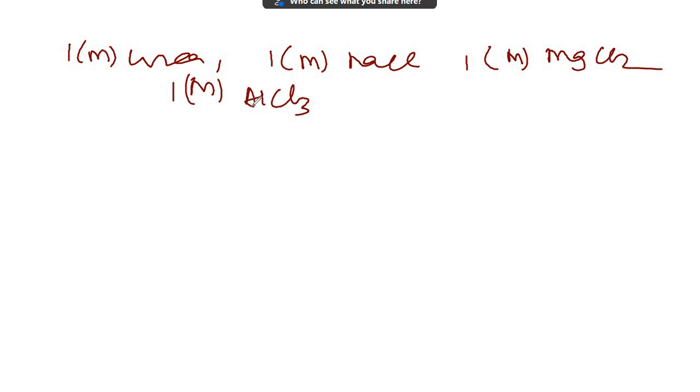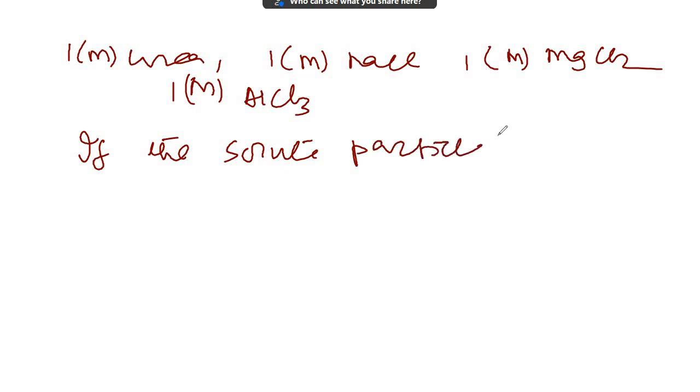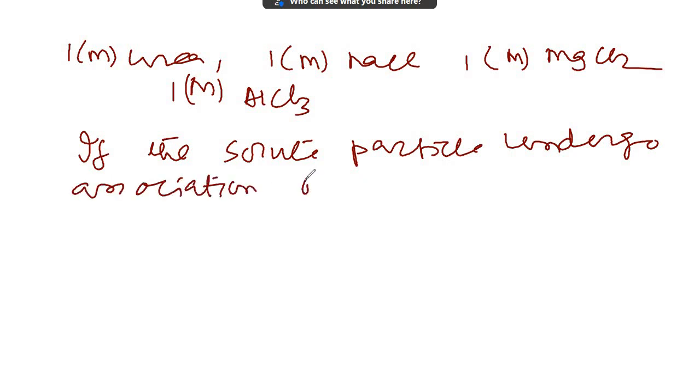But contrary to that, if the solute particles undergo association or dissociation, the number of particles changes.